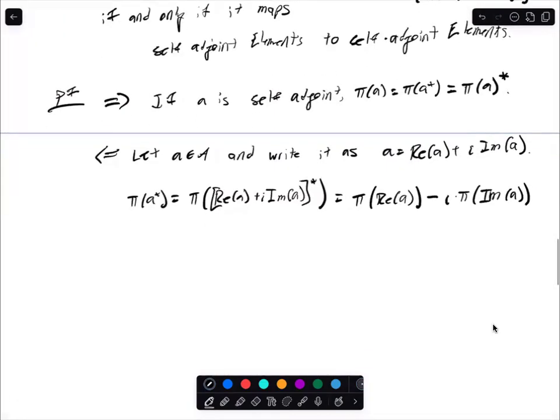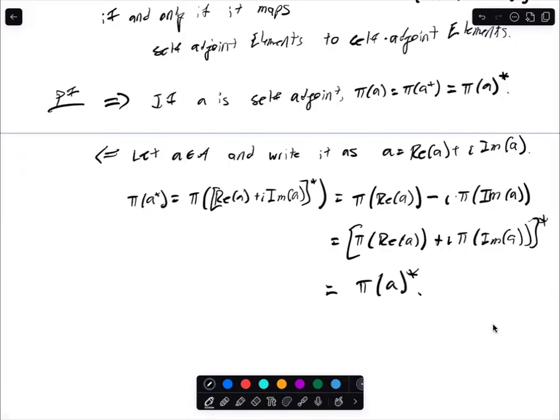minus i times pi of the imaginary part of A. But of course, that's the same, by linearity, as pi of the real part of A minus the imaginary part of A, which is A star, plus i pi of the imaginary part of A. That gets starred. There it is, pi of A star, just like that.